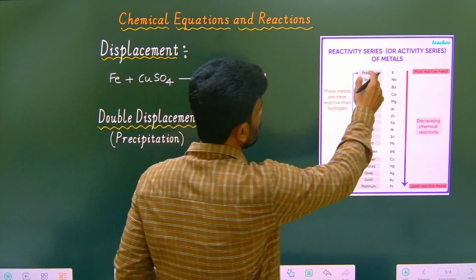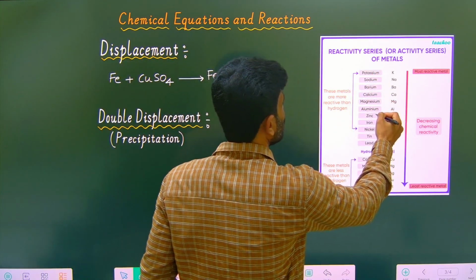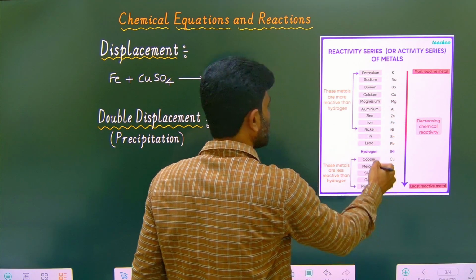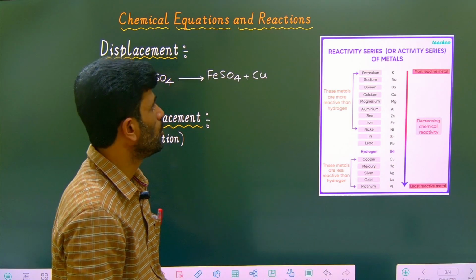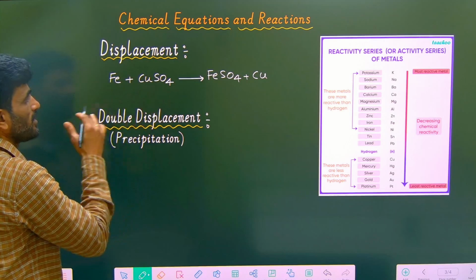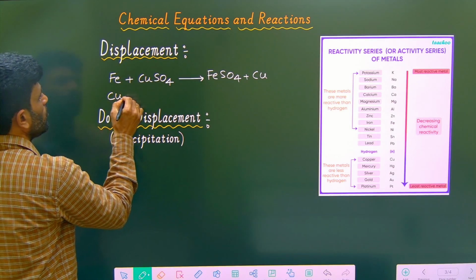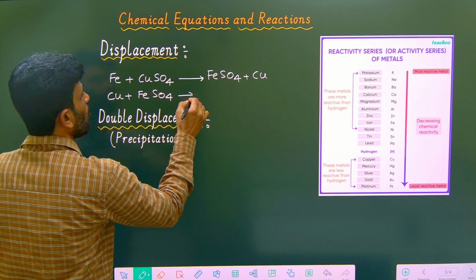You can see here in the reactivity series we have barium, calcium, magnesium, aluminum, zinc, iron, then copper down, low reactive. So highly reactive metals replace low reactive metals. If it comes the opposite way, for example, if a question is given like Cu plus FeSO4 gives rise to what?